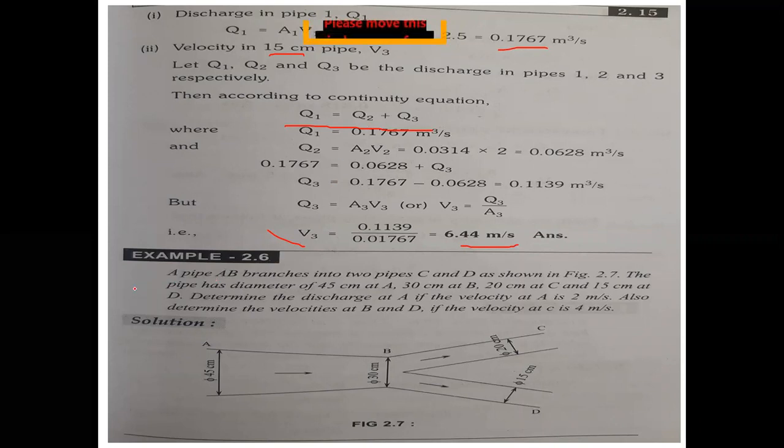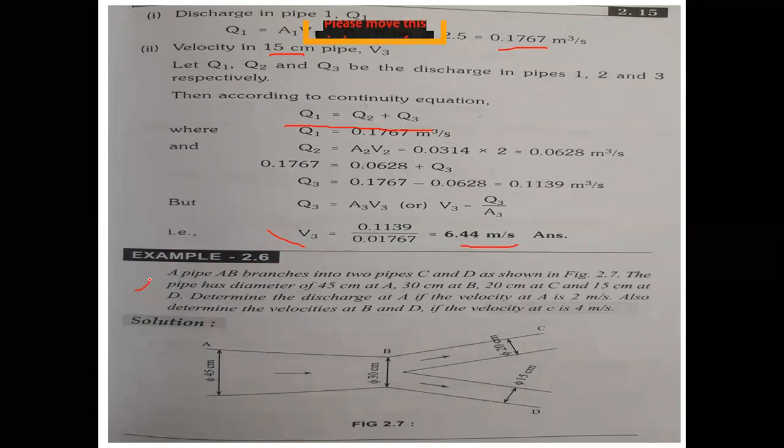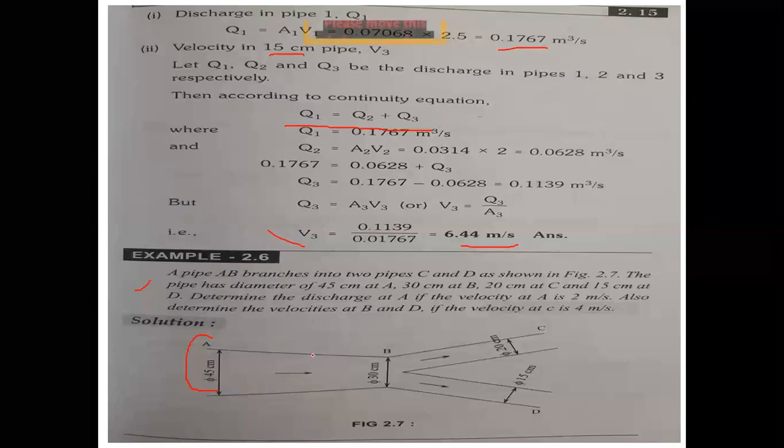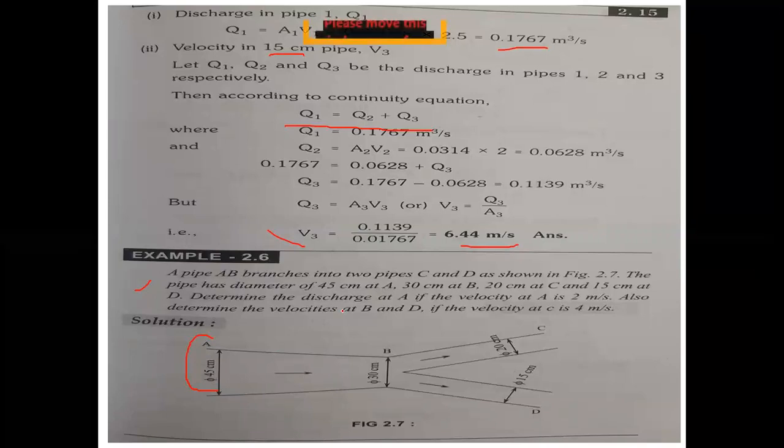See the next one. A pipe AB branches into two pipes, pipe C and pipe D, as shown in the figure. The pipe has a diameter of 45 centimeters at section A. At section B, the diameter is 15 centimeters.